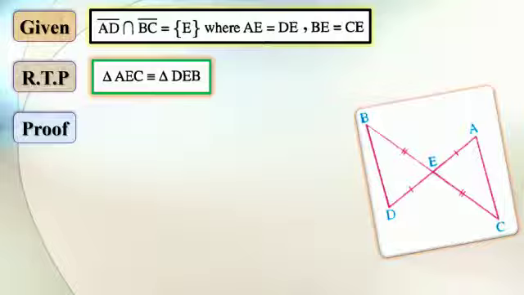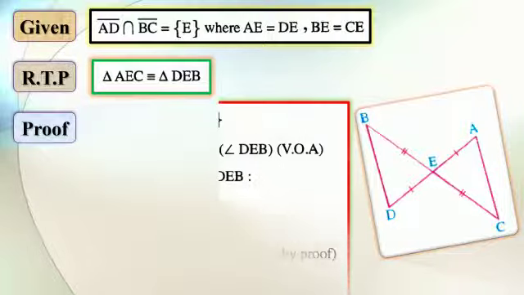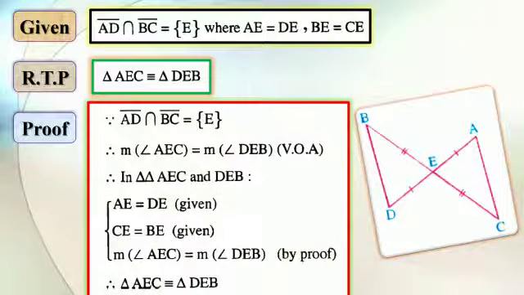Then in the two triangles AEC and DEB, since AE equals DE as a given and CE equals BE as a given, and the measure of angle AEC equals the measure of angle DEB, then the triangle AEC is congruent with the triangle DEB. This is our proof. Okay?